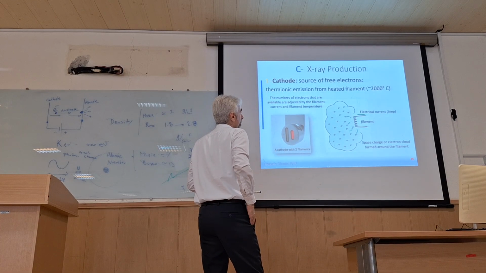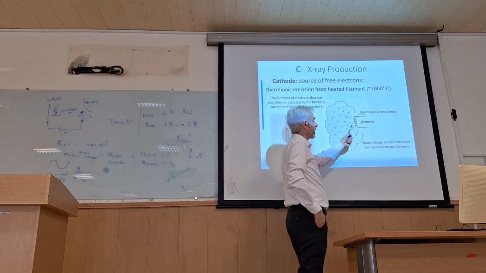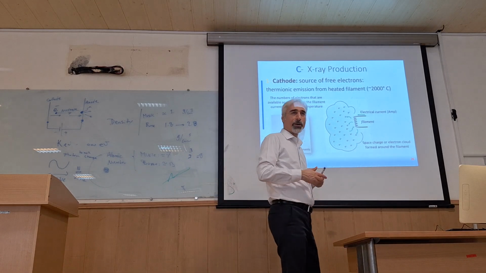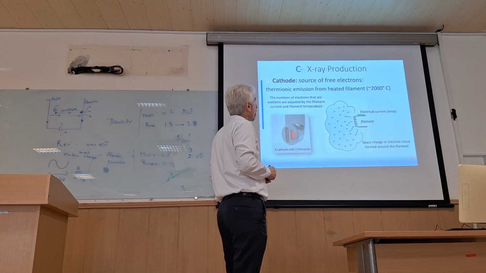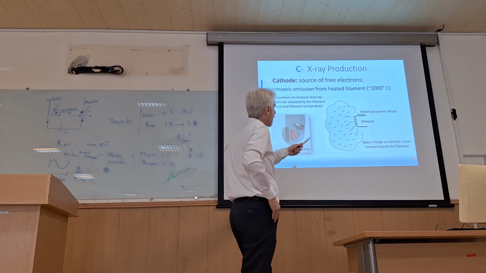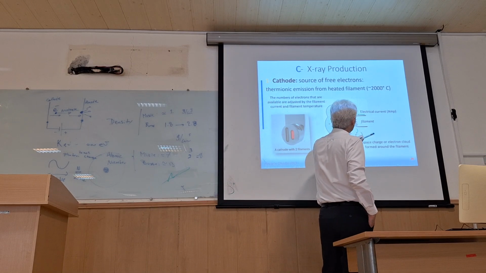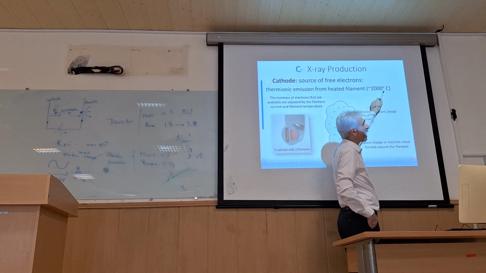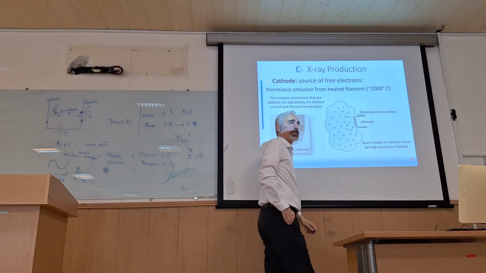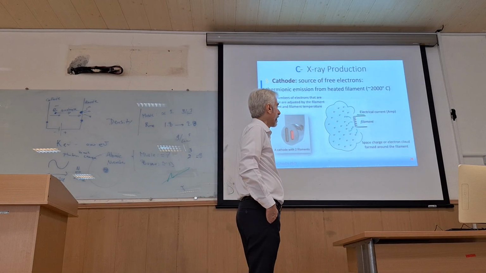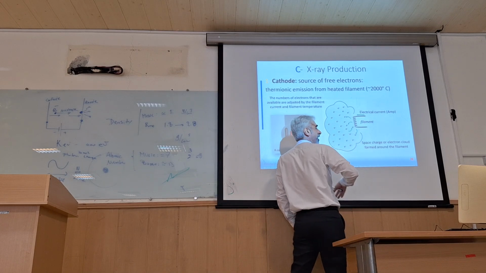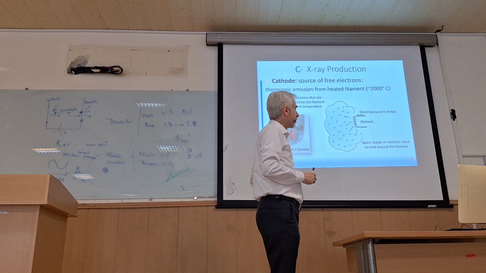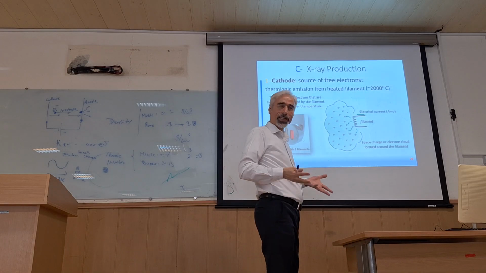For example, tungsten metal is very appropriate for making the free electrons. When the tungsten filament is heated to 2000 degrees centigrade, as you know, in the metal we have a very large amount of free electrons.